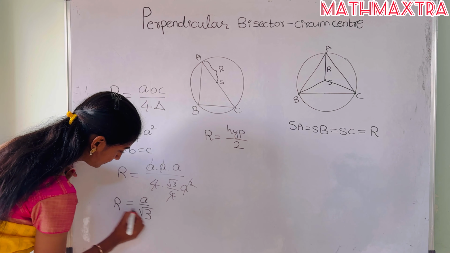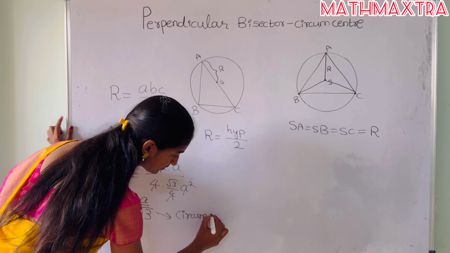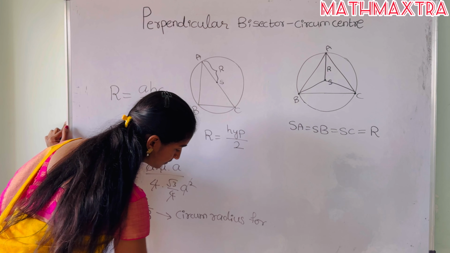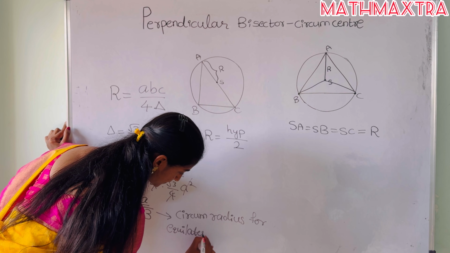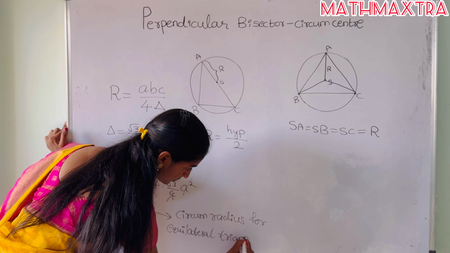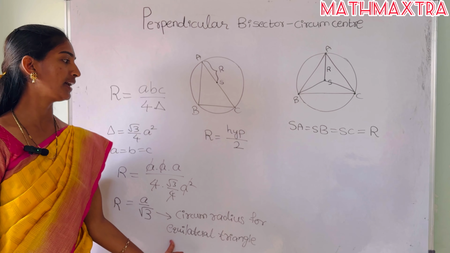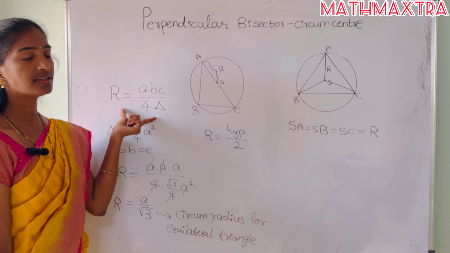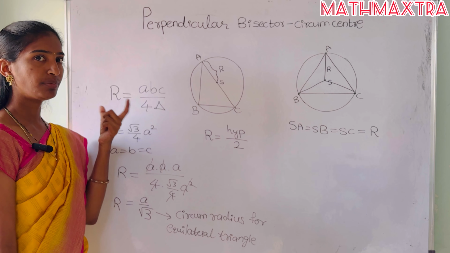This is the circumradius for an equilateral triangle, and this is the circumradius for a right angle triangle, and this is the circumradius for in general any type of triangle, that can be a scalene triangle.